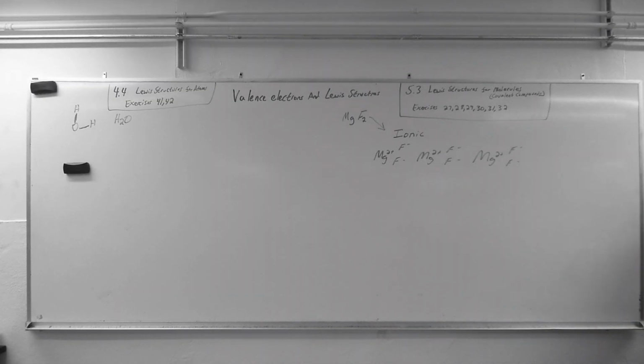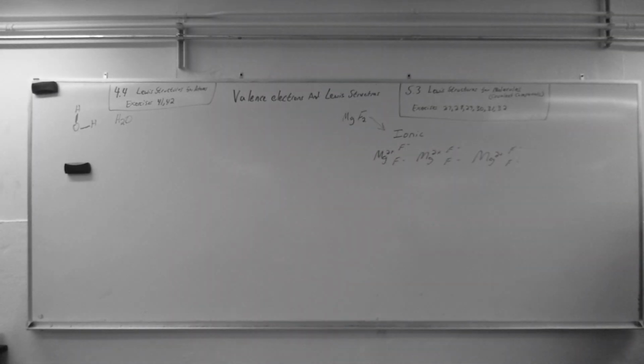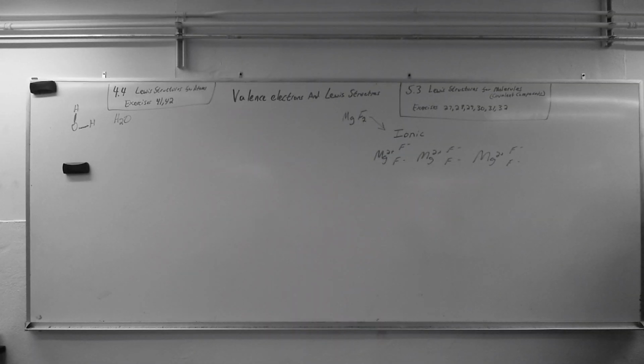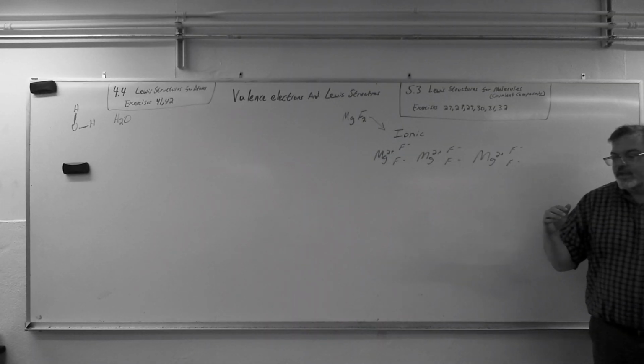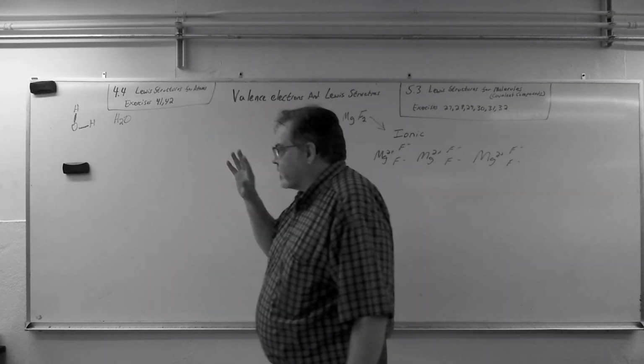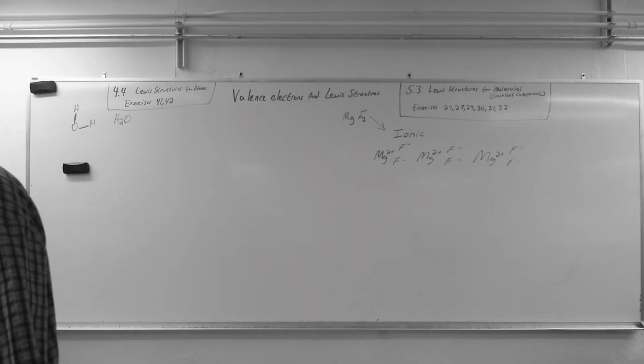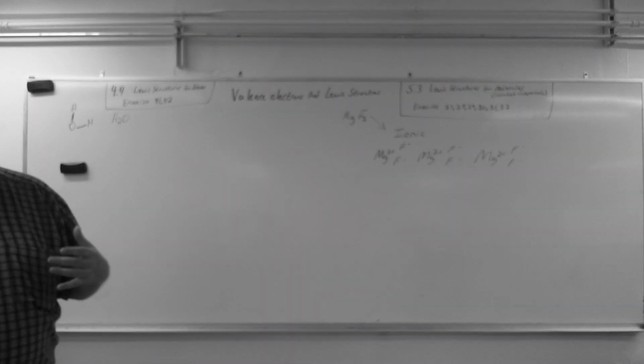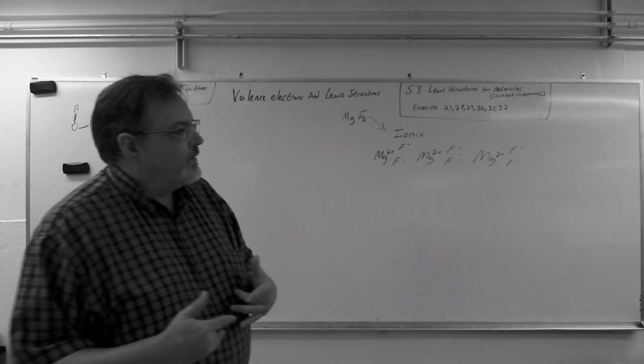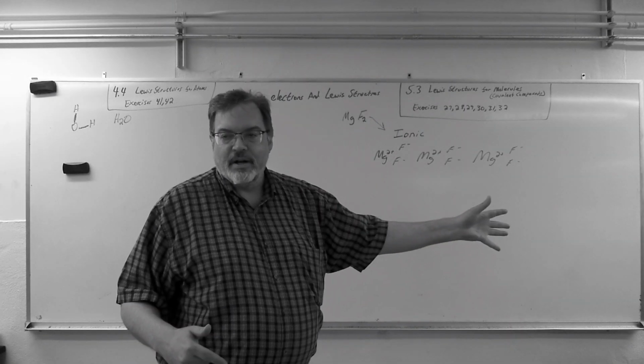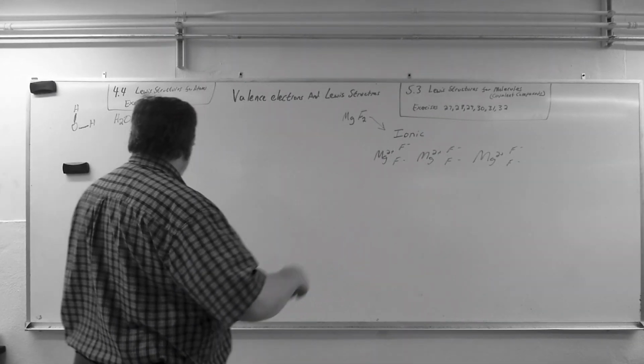Very simple idea. For one thing, since we're talking about molecules, covalent compounds, those are made up of all nonmetals. So I'm really going to focus on the top right of the periodic table and hydrogen.